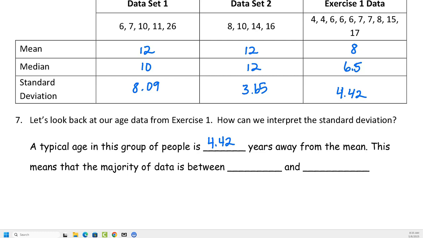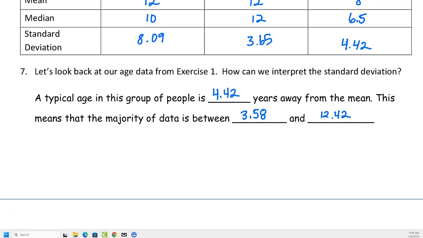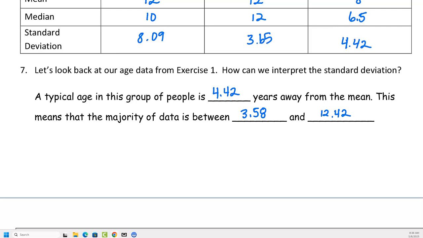This means that the majority of the data falls between, and I'll put here, 3.58 and 12.42. All right, but let's just write a little note here. So it's going to be the mean, and then plus or minus the standard deviation.